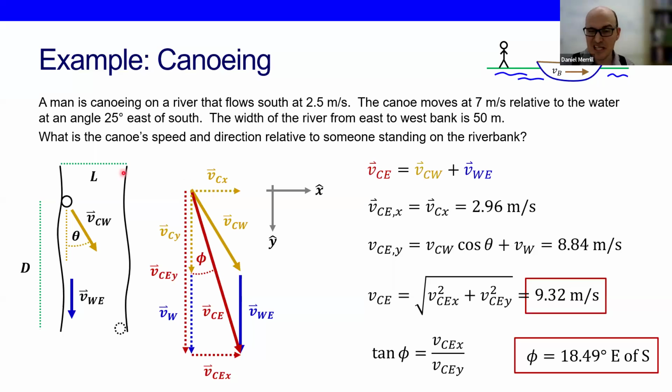It took 16.9 seconds. How far south we end up traveling as we cross the river ends up being about 150 meters. And we were also able to work out the overall speed and direction someone standing on the riverbank would measure the canoe traveling. It ends up being about 9 meters per second at 18.5 degrees east of south.